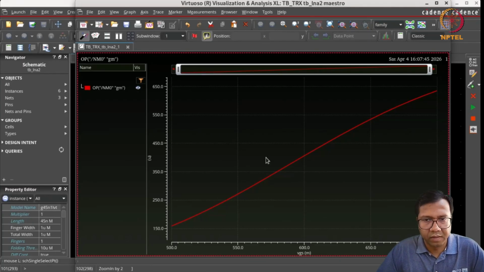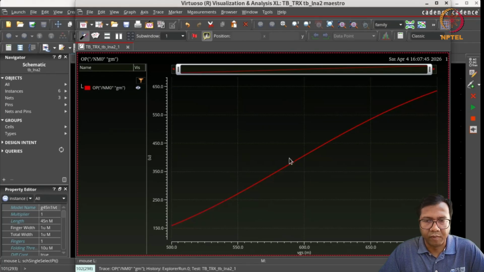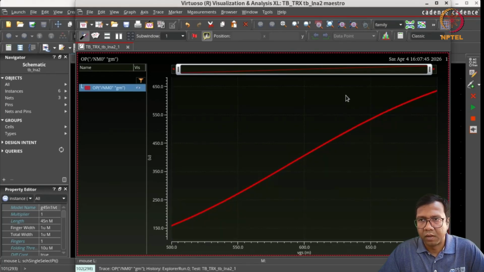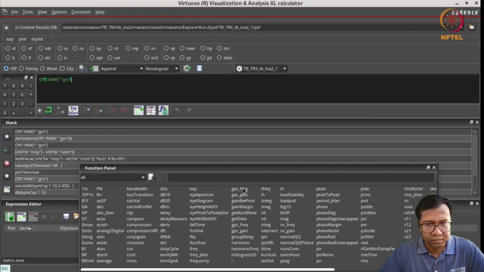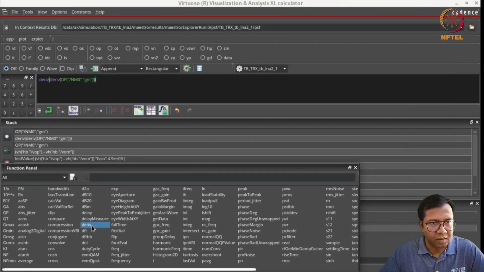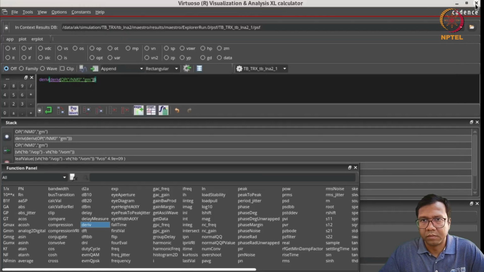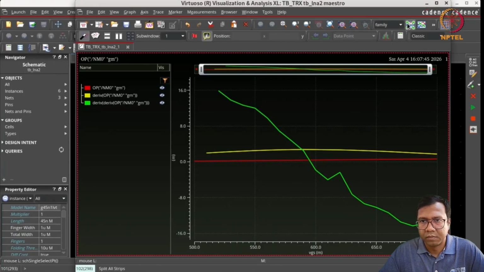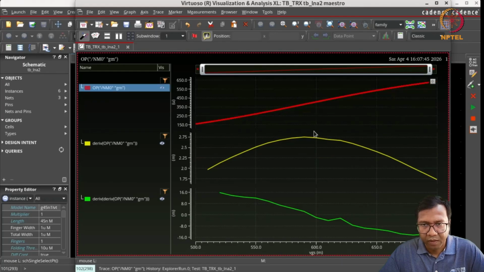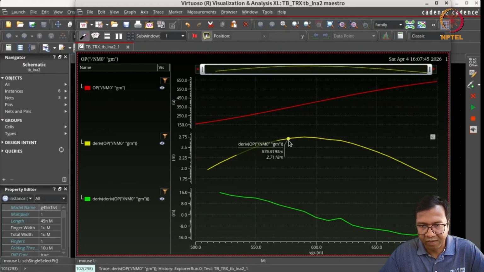So this is the GM versus VGS curve we have got for this MOSFET. Now let us take the first derivative and the second derivative. So this is the GM. This is the first derivative of GM. We can see that there is a maxima for the GM2, and at this maxima point of GM2, we see the GM3 is becoming 0.